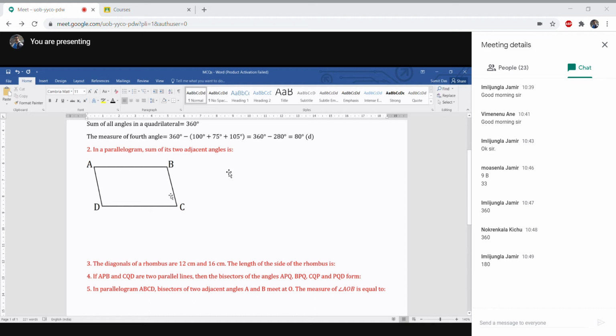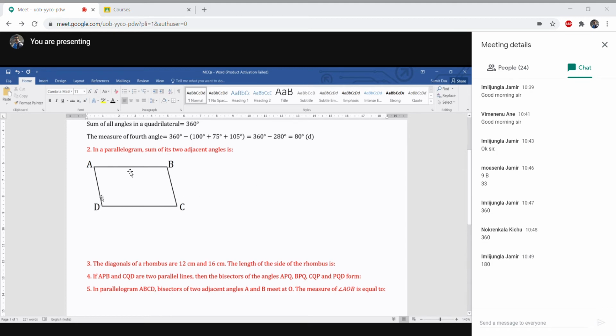When you consider these two angles, look, AD and BC are parallel and DC is a transversal. So adjacent angles will always be the pair of interior angles on the same side of the transversal.